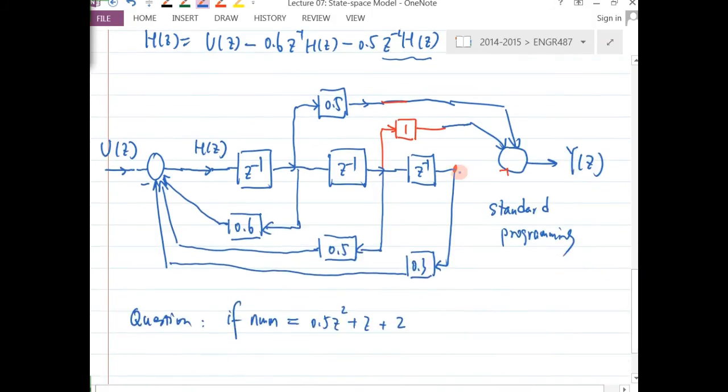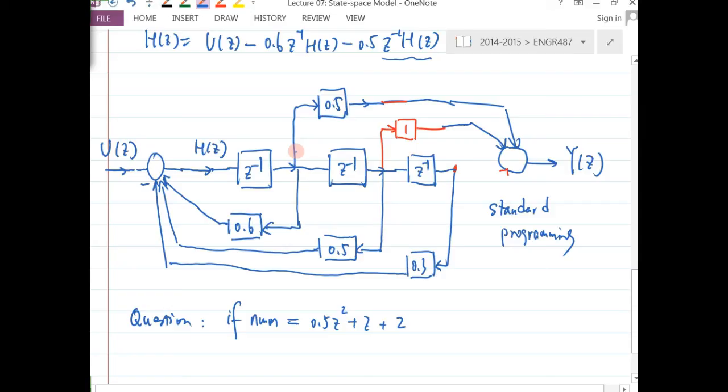So how do we choose the state variables here? The rule of thumb is you choose the state variable as a signal outside of each delay. So you choose the state variables here, here, here. The system order is 3, so you need to choose three state variables.